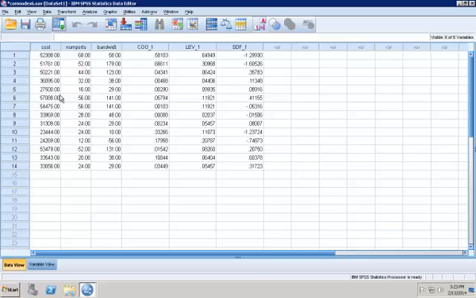An observation is said to have a lot of leverage if its leverage value is greater than 2 times the quantity k plus 1, all divided by n, where k is the number of independent variables. Here we have 2 independent variables, number of ports and bandwidth. So 2 plus 1 is 3, times 2, divided by n of 14.